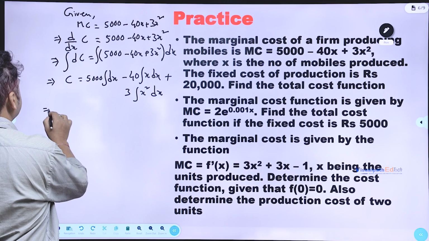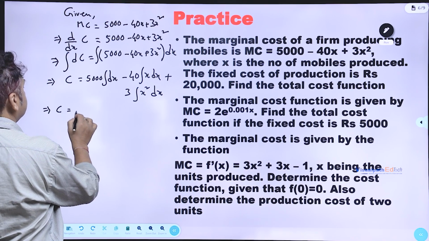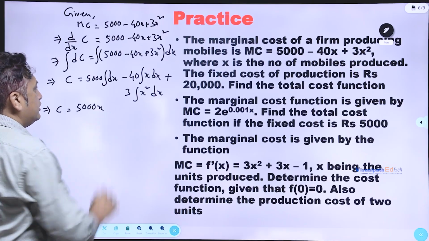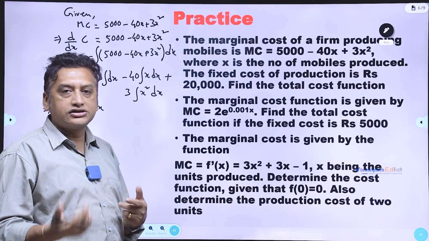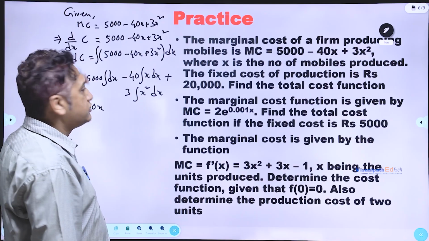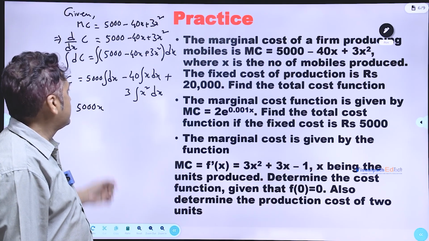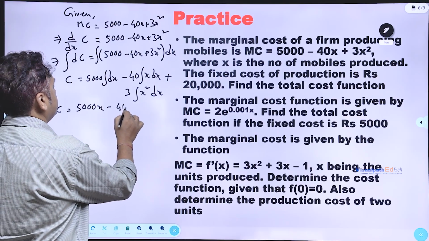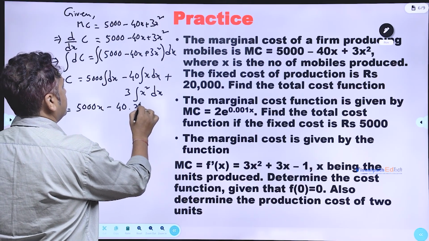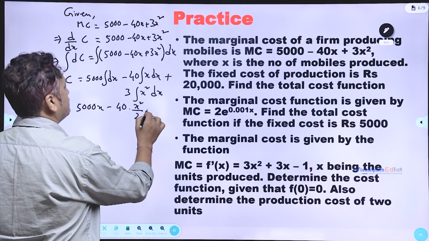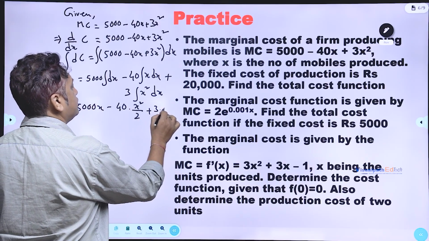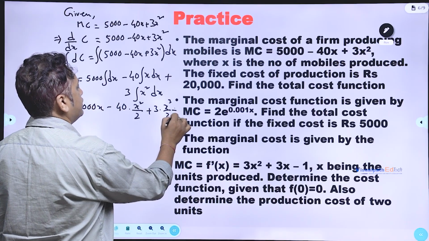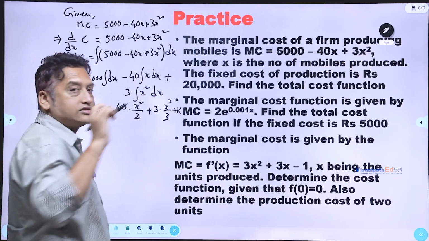Now this gives us C = 5000x, because the integration of dx is x, just like the integration of dC was C. Then 40 times x squared by 2, plus 3 times x to the power 3 by 3. Then we have a constant, let's take it as k.